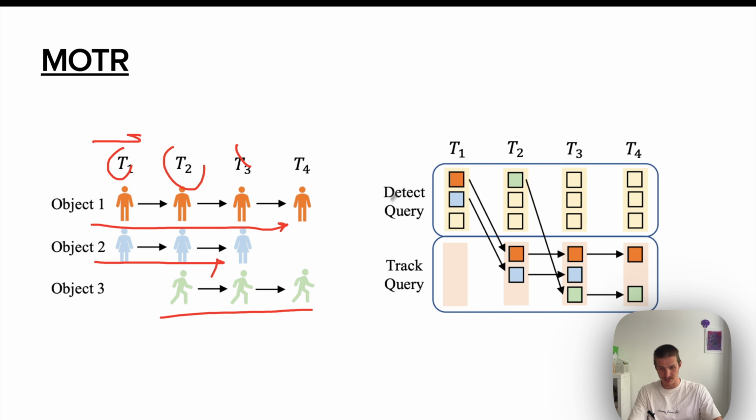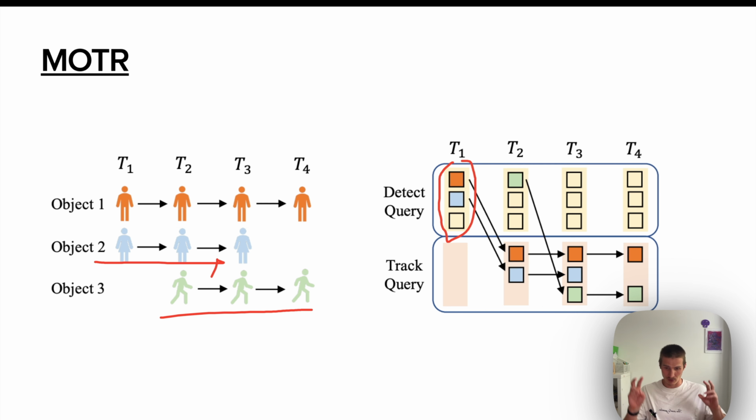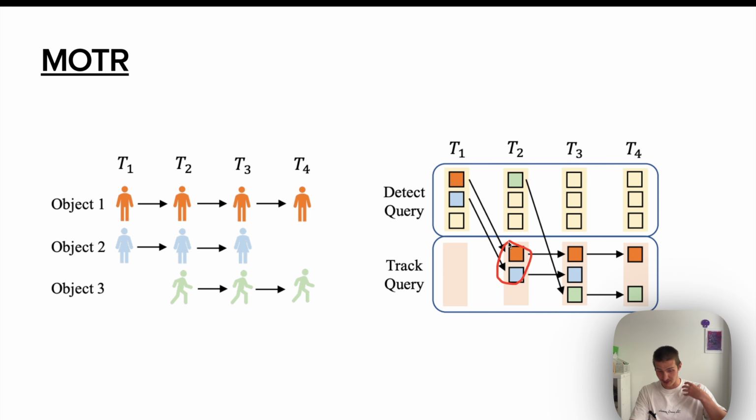So what will happen is we will start with basically DETR, where we feed in a new set of these static, what they call detect queries, which are exactly the same as in DETR. And then we'll see that 2 of them actually matched ground truth objects, and we will promote them to track queries, and they will carry over to the next frame.